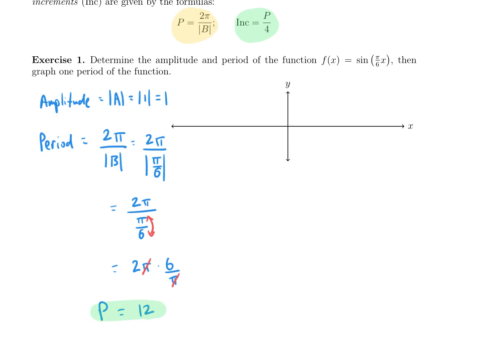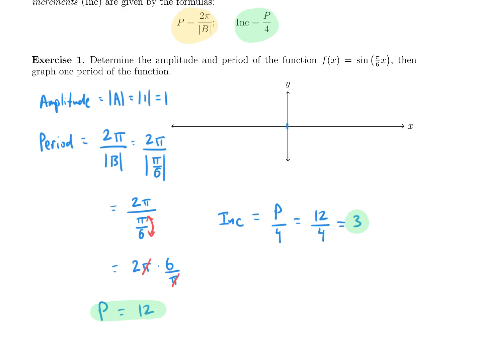Now we can find the increments. The increment formula is p over 4, which in this case is 12 over 4, which is 3. Now we can begin to graph. So we're going to start at 0. That's going to be our starting point.